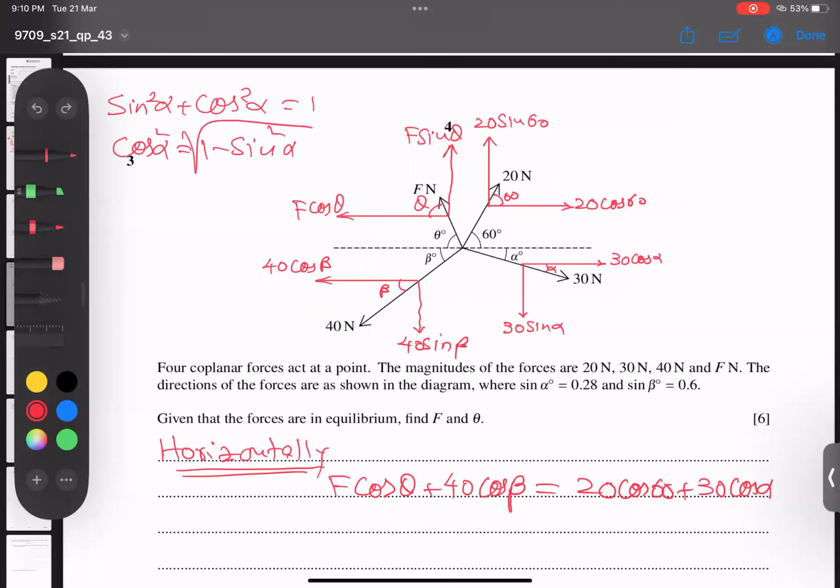If I take the root of both sides, the square on the left hand side finishes. When I plug in the value of sine alpha, I'll get my answer. To save time, I put it directly in the calculator: 1 minus the square of 0.28, and that's it. I got 0.96 directly, or in fraction form 24/25, but as it is given in decimal, I will use decimal. If it were given in fraction form, I would go for fraction form.